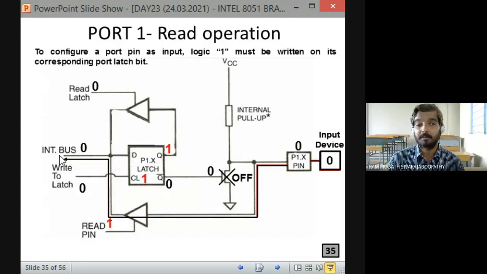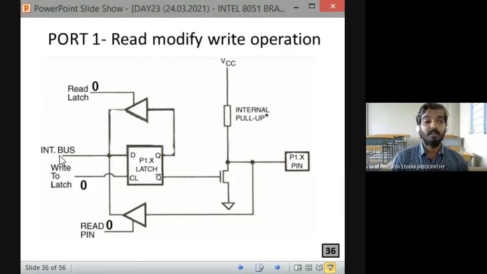That's all about the read operation. Is it clear to everyone? Yes? Okay, fine. Now we have seen the write operation, writing values 0 and 1, and reading values 1 and 0.